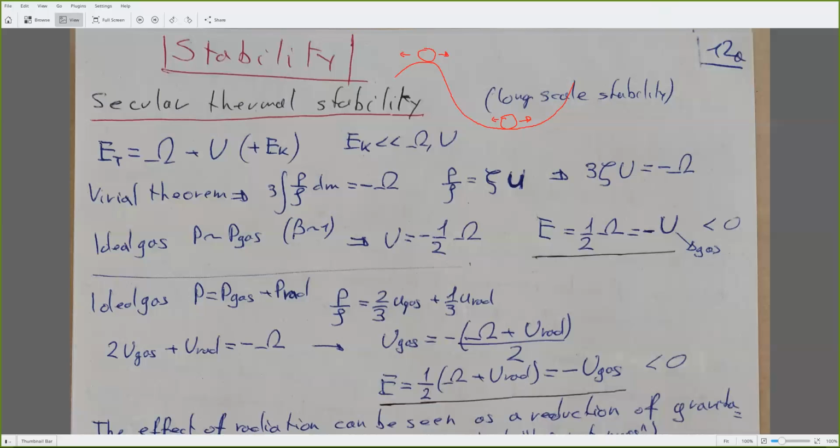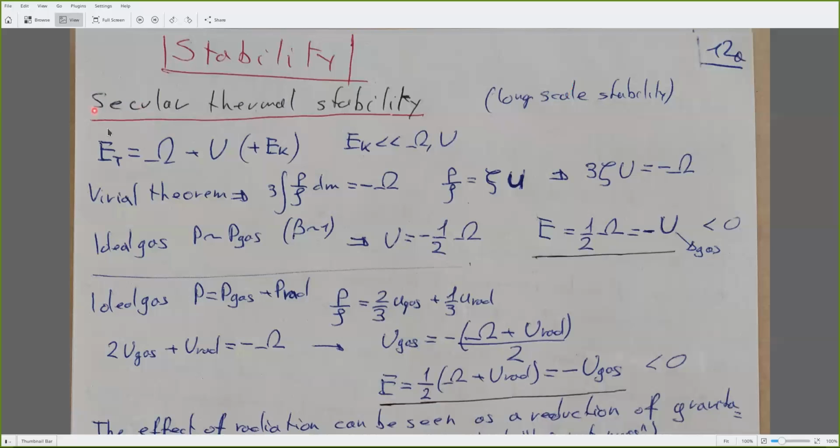Stars have all of these kinds of stability, as we see during stellar evolution. The main one is the classical stability of main sequence stars, more or less, because not all main sequence stars are so perfectly stable.